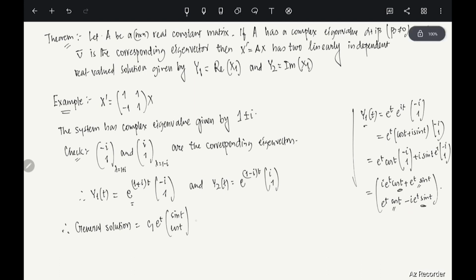Plus c2 times e to the power t cosine t and minus sine t. c1, c2 are in R. So that's your general solution. I hope this is fine. Clear? Okay, so this is how you solve the problems.